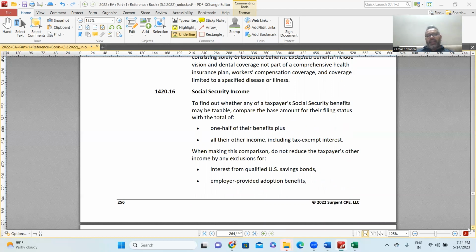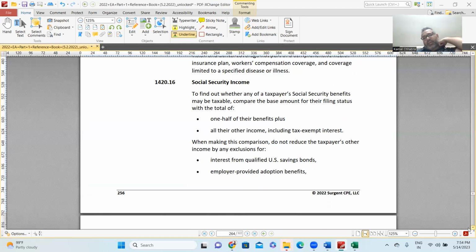The last one is social security income. To find out whether a taxpayer's social security benefit may be taxable, compare the base amount for their filing status with the total of one half of the benefit plus all their other income, including tax-exempt interest.